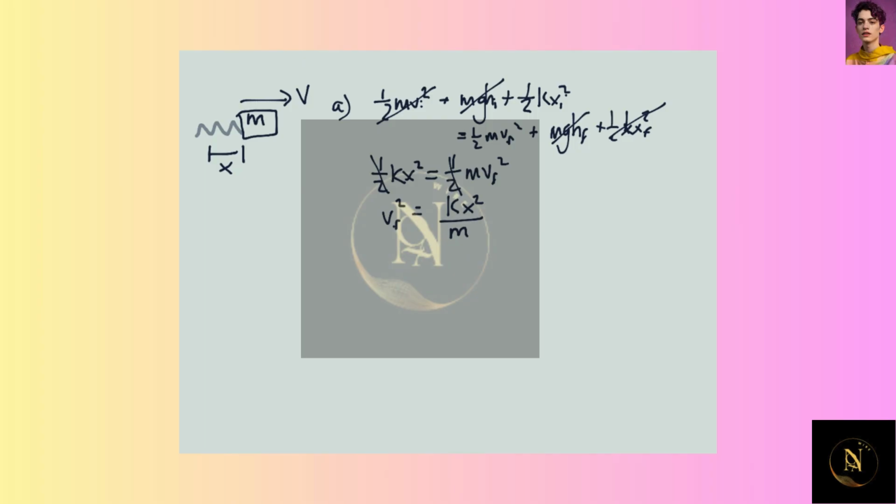And then by taking the square root of both sides, v is equal to k over m to the power of 1/2 multiplied by x. Perfect.